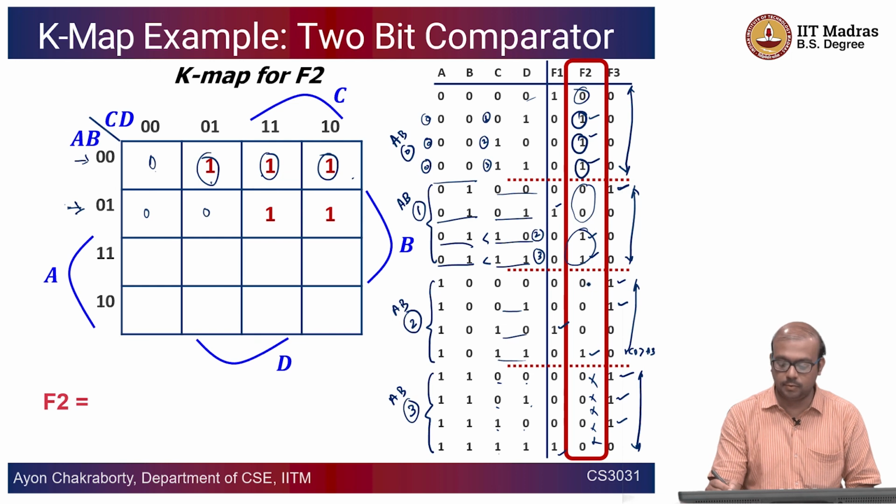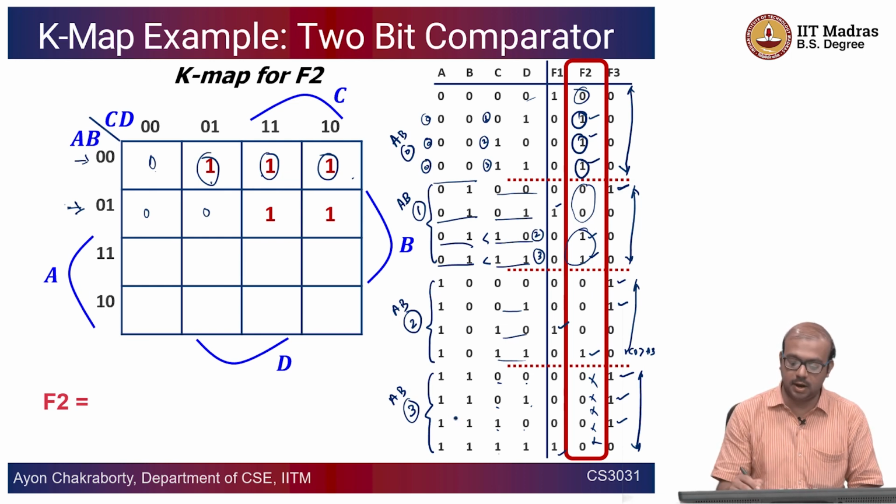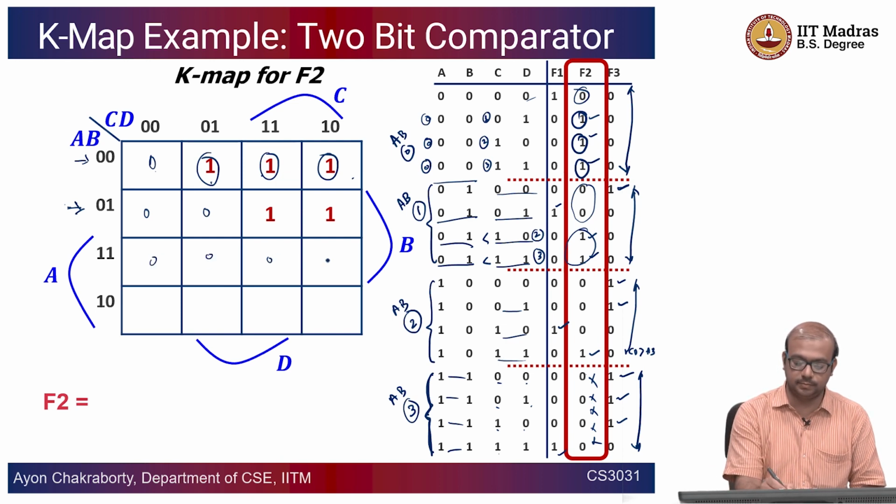Next, if we go to the last chunk where AB is equal to 1 1, let us look at F2. We do not have anything, right. For F2 there are no such values that we can pick up in this particular case, so this will likely be zeros.